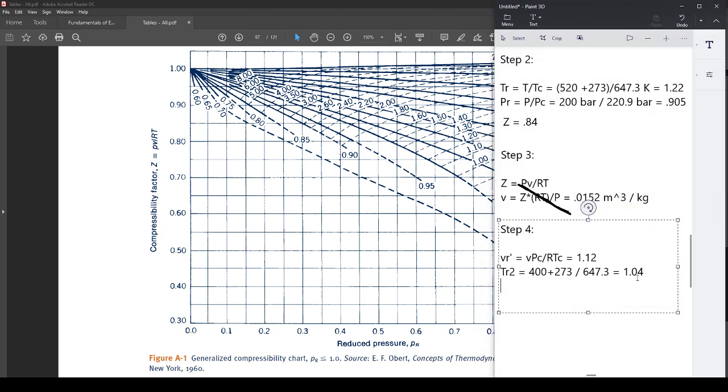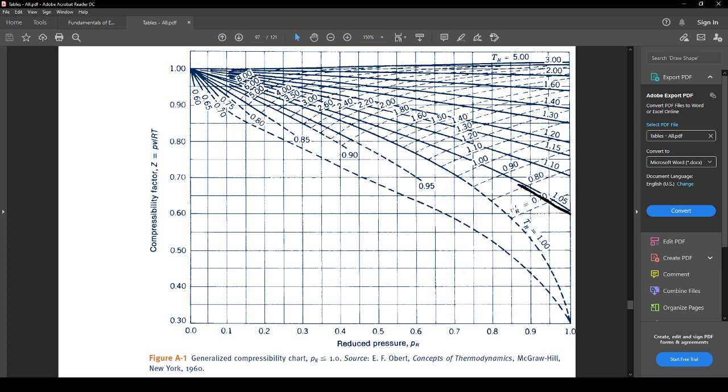So let me go back to these. It says we have 1.12 is our other one. So let's go find 1.12. You would assume it is somewhere in here. So we go up, up, up, up, up, up, up, up, up, and we find it right here. And then we go draw a straight line down.